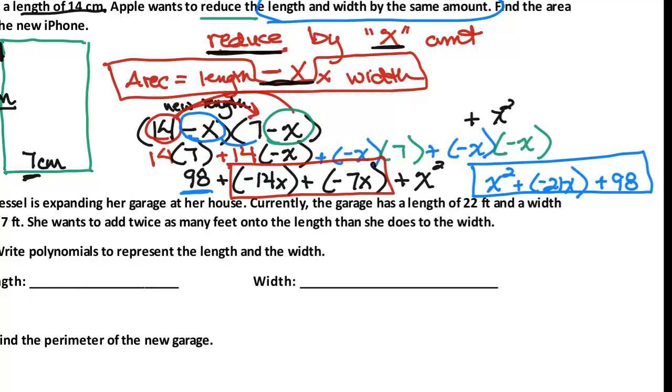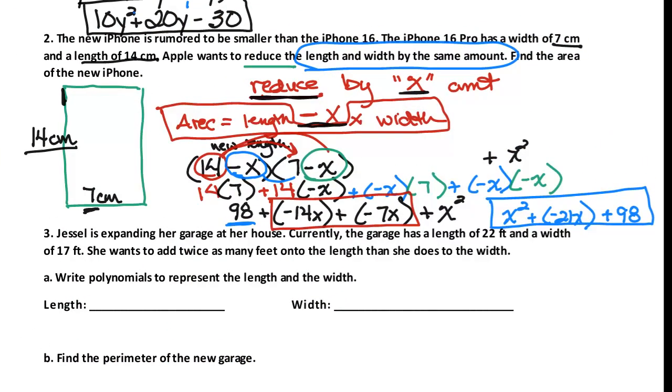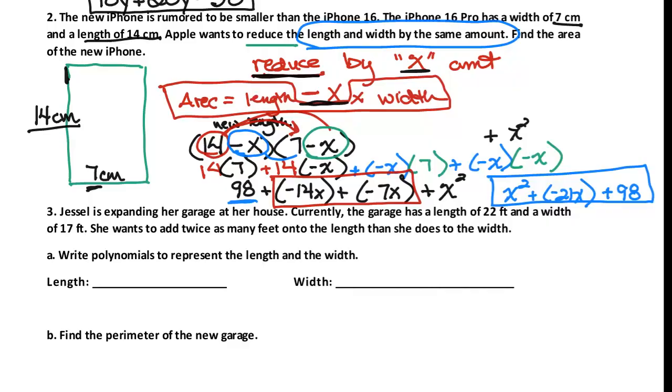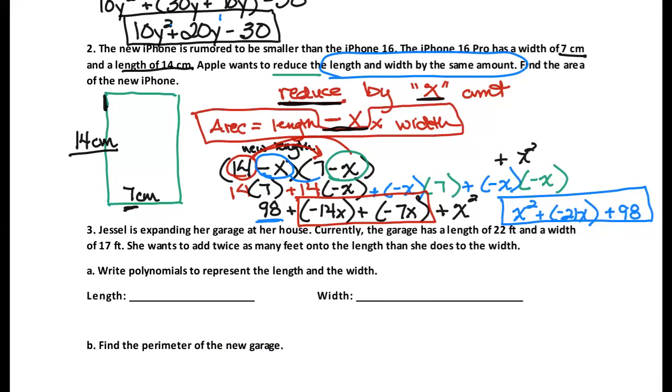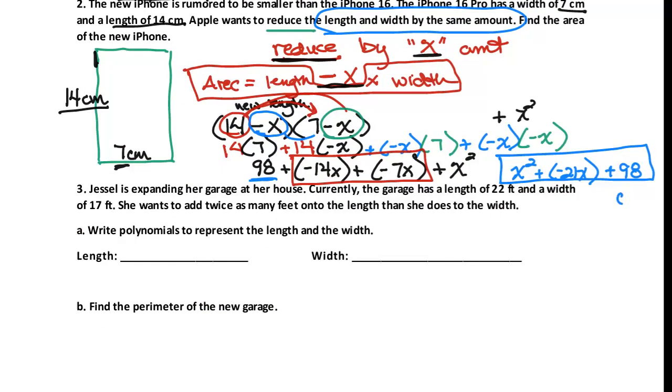That is my area. And if I wanted to be over the top, because this is math and we're talking about area, did they say? It's centimeters. So this would be centimeters squared.